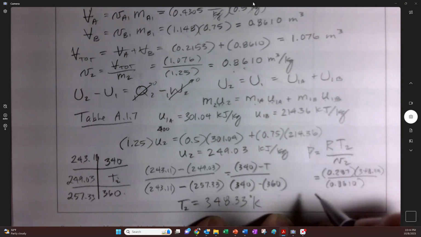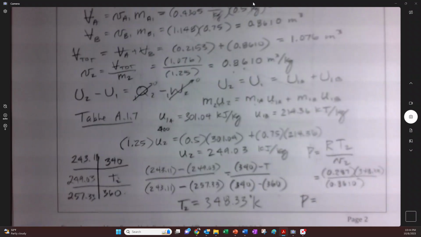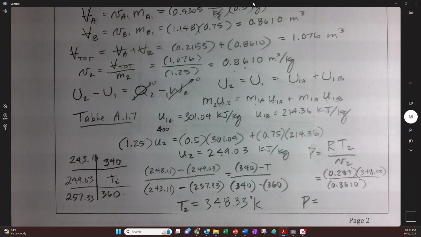0.8610. So P is going to be, let's see, get rid of that, 287 times 0.8610. Boom. Ooh, dang it, right? 0.287. Let me just do it the right way. 0.287.